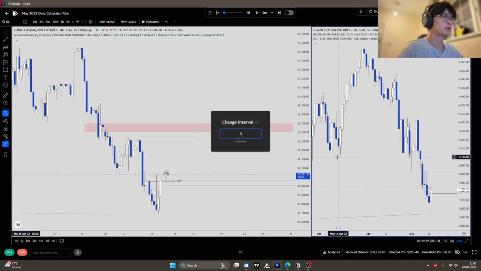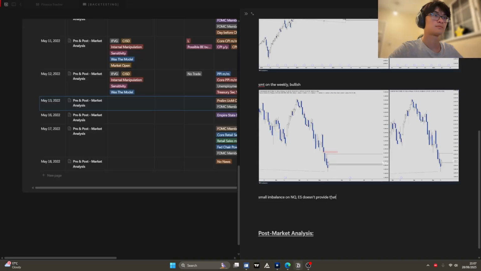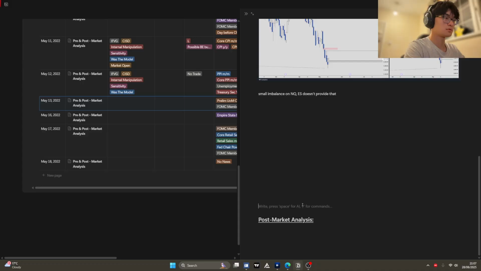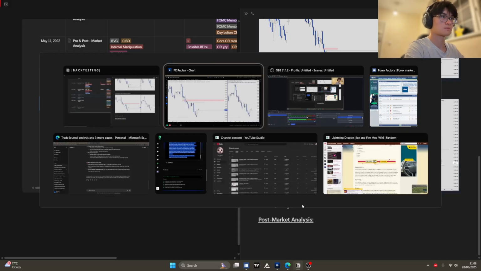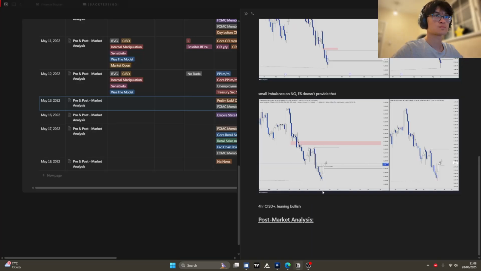So 4-hour. Four-hour CISD leaning bullish. No SMT at the highs.